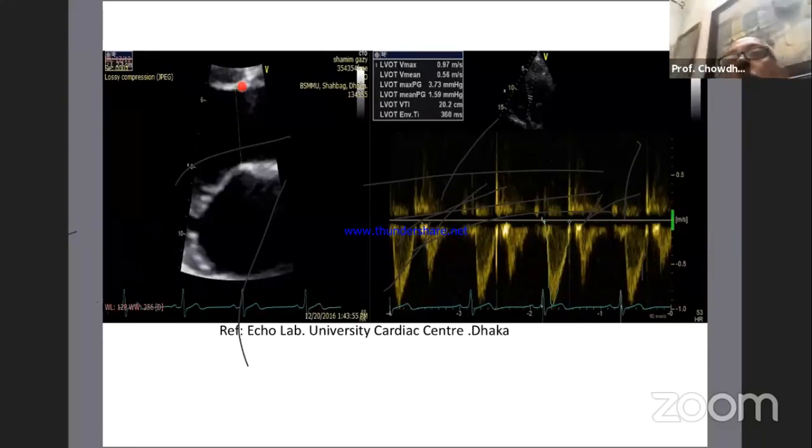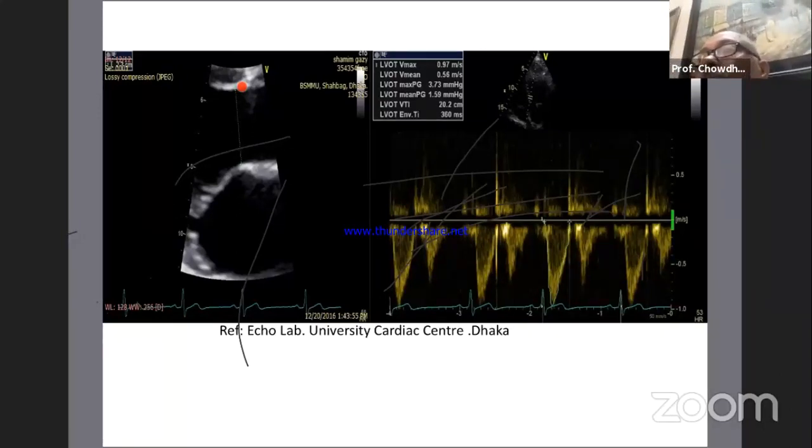And to obtain this diameter, we need to magnify the left ventricular outflow tract, because a little error in the measurement of this dimension will give a gross derangement in the measurement of the stroke volume. Stroke volume is derived from pi r square into VTI.